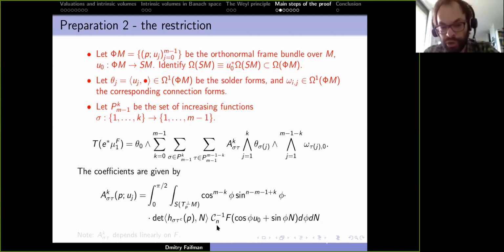Right, this is the inverse cosine transform of f evaluated at this point on the sphere. Scary stuff. And one thing to note is that the dependence on the norm is actually linear. So it's not really important that f is a norm. Things would work basically for any function.